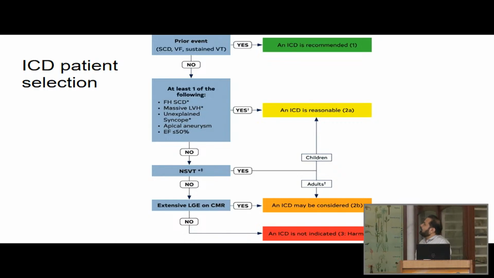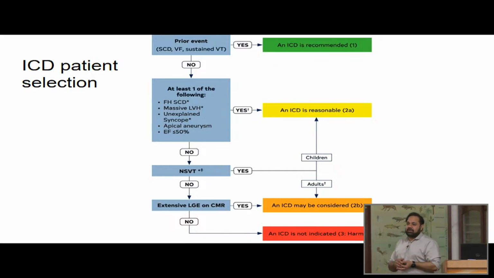So if patient is having prior event of ventricular arrhythmia or sudden cardiac arrest, then directly go for ICD. Out of these features which we have discussed, that is unexplained syncope, EF means ejection fraction.